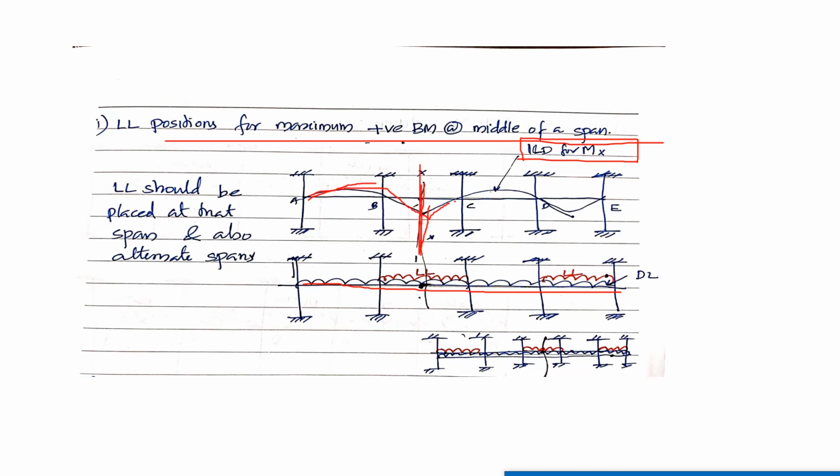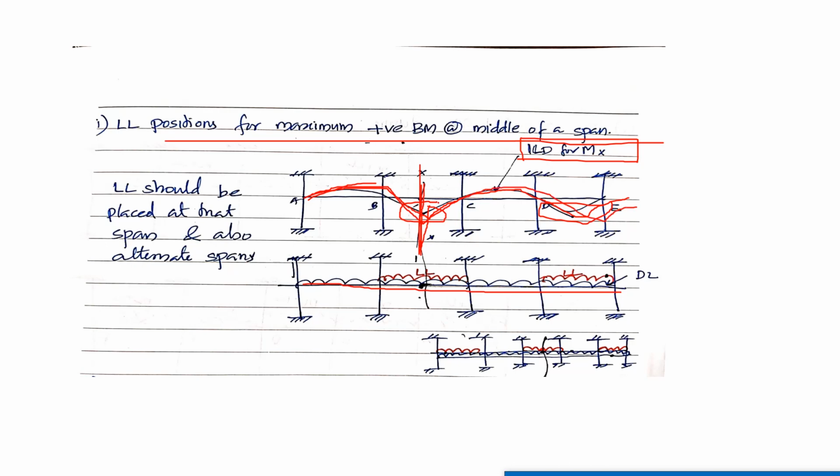This is the ILD for bending moment. So when you look into the ILD, the positive bending moment or the sagging bending moment is occurring when live load is positioned at BC and DE. You may be clear with the concept of ILD. So this is the influence line diagram for bending moment.